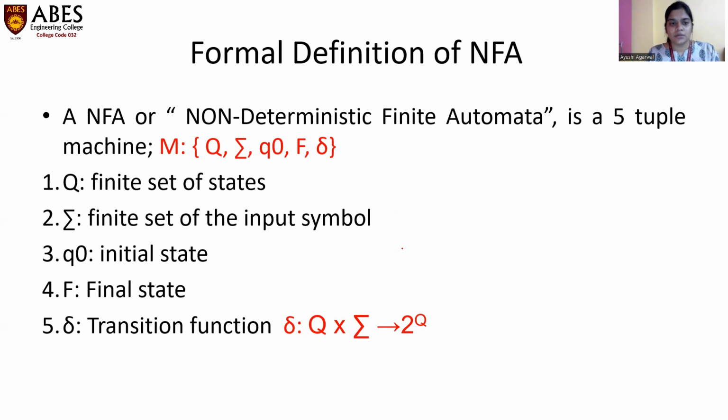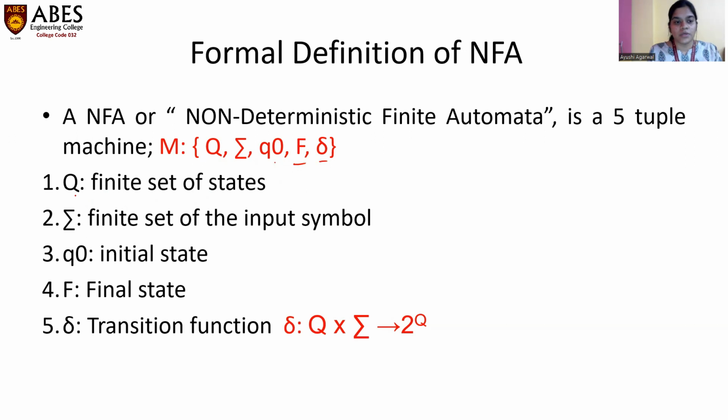It is a similar tuple machine like DFA, but there is a small difference in how we write the transition function. Again, we have the same symbols as in case of DFA: Q, sigma, q naught, F, and delta. Similarly, over here also, we have the same symbols.